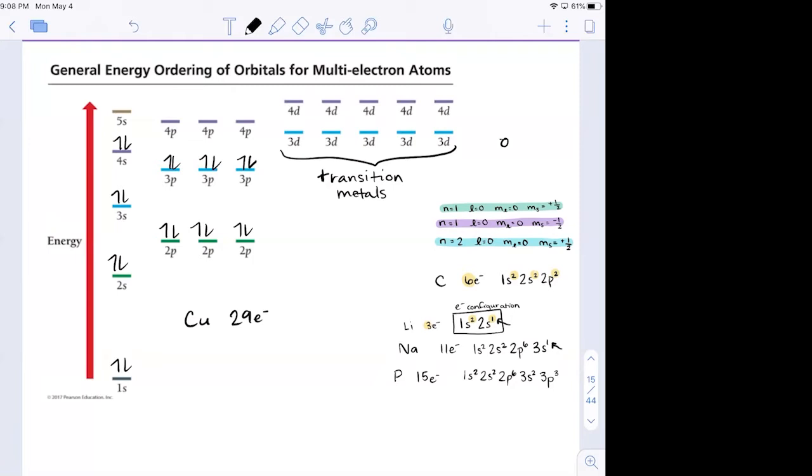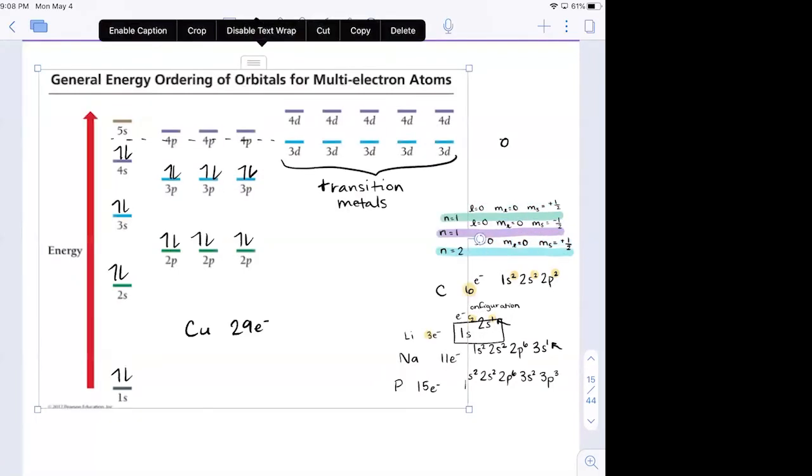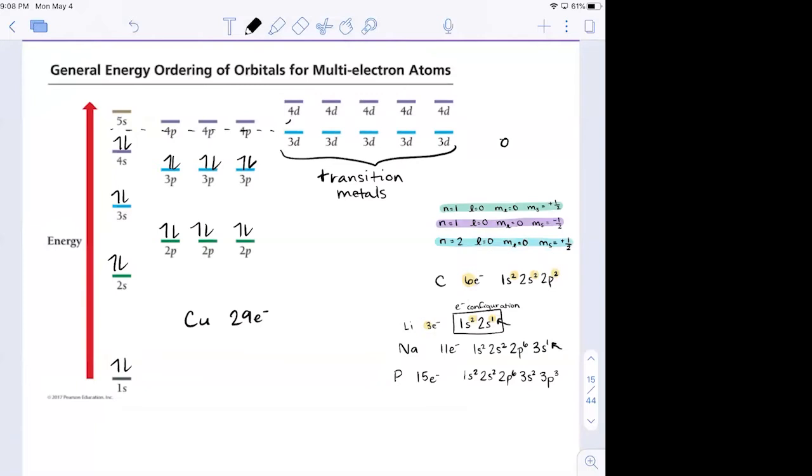Hop over here. This is the next one. 21, 22, 23, 24, 25, 26, 27, 28, 29. Now, just like Hund's rule from before, d orbitals are degenerate, and so therefore 1 in each before we pair.